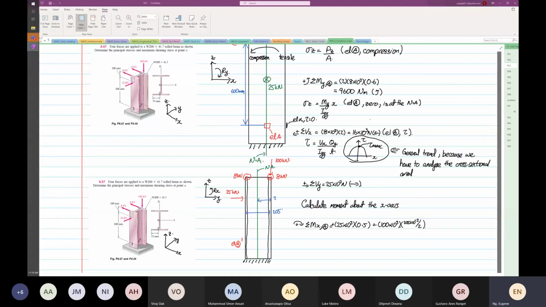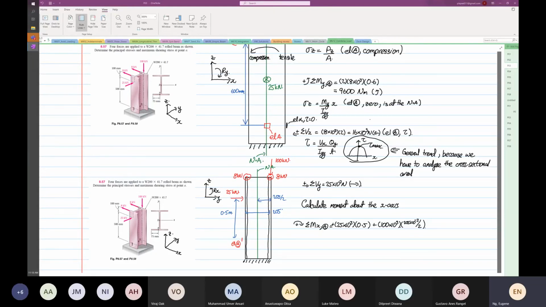Some of you will say, Eugene, something is very wrong. Why, in this case, do we take the 0.5 meters, and then for the 100, we don't take the 205?